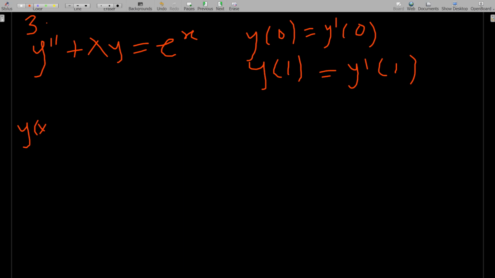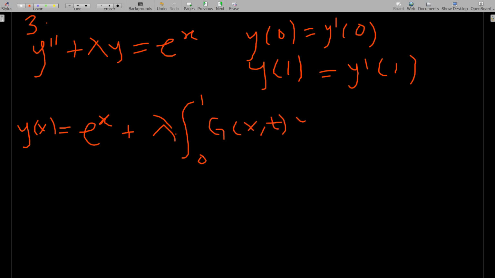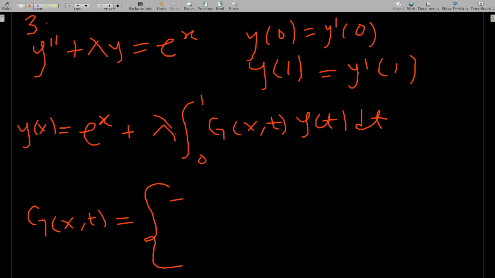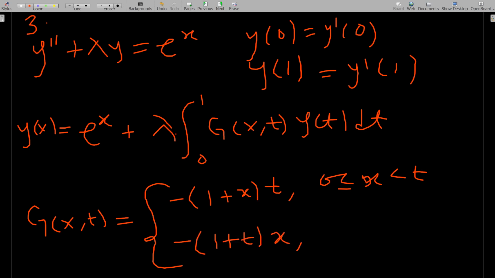The expected answer is y of x equals e to the x plus lambda integral 0 to 1 of g of xt y of t dt, and your g of xt is equal to negative into 1 plus x, then t, for 0 less than or equal to x less than t, and negative into 1 plus t into x, for t less than x less than or equal to 1.